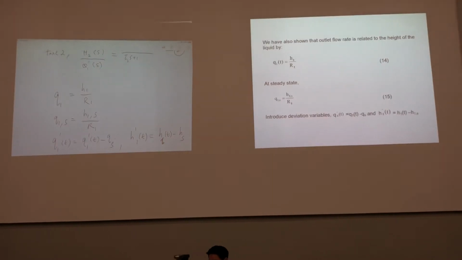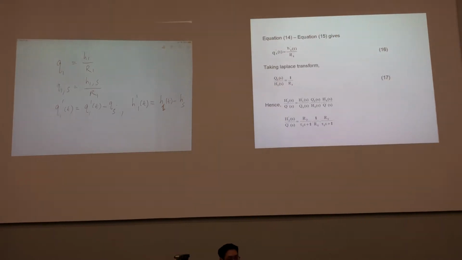I introduce a variable here, and that gives me this equation, which is Q1 prime at T equal to H1 prime at T divided by R1. Okay? So let me move on and I'll summarize later.